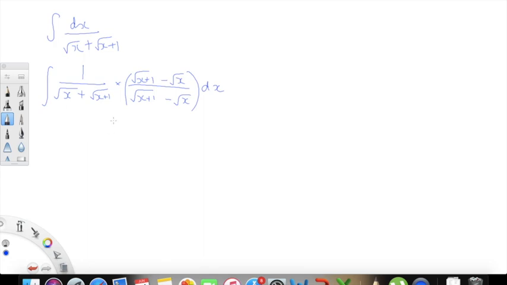So what we get by this is the numerator remains the same, but the denominator becomes x plus 1 minus x, right?